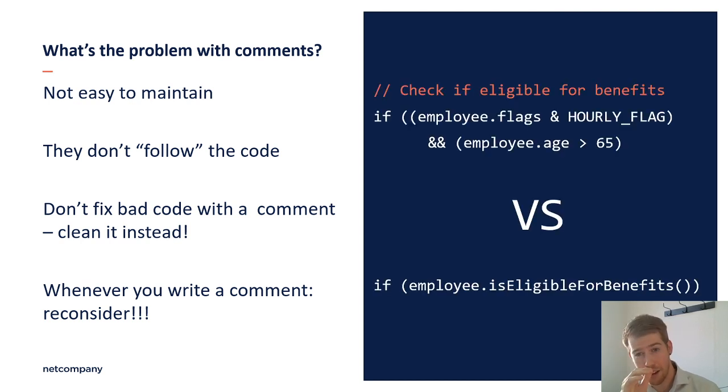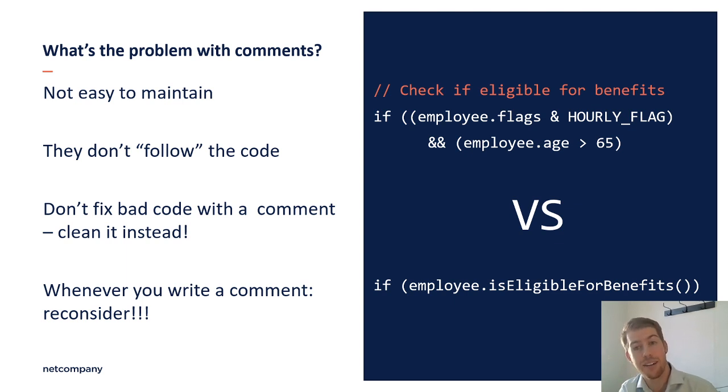In this case, we have an if statement here and a comment that says check if eligible for benefits. Now the problem is I won't be able to see inside of this if statement from other classes or other functions unless I go to that actual if statement, so to speak.